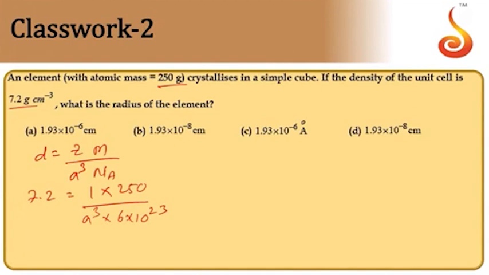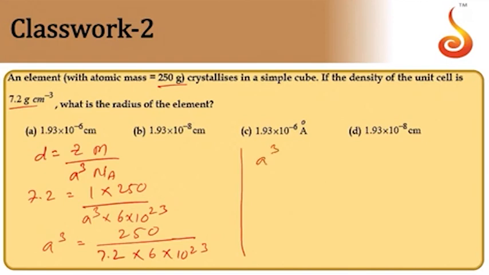Now a cube is equal to 250 divided by 7.2 into Avogadro's number. On simplification, the a cube value comes to 5.76 into 10 to the power of minus 23. So taking the cube root, finally the value of a is 3.86 into 10 to the power of minus 8.